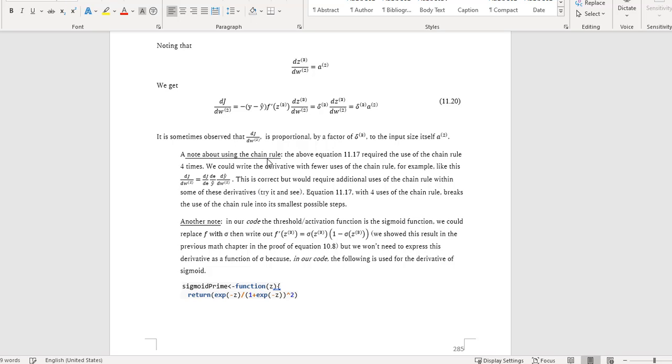In fact, it's called for in the calculation of delta 3, and then it's also called for in the calculation of delta 2. So we will need it, but we're just going to code it in this way.